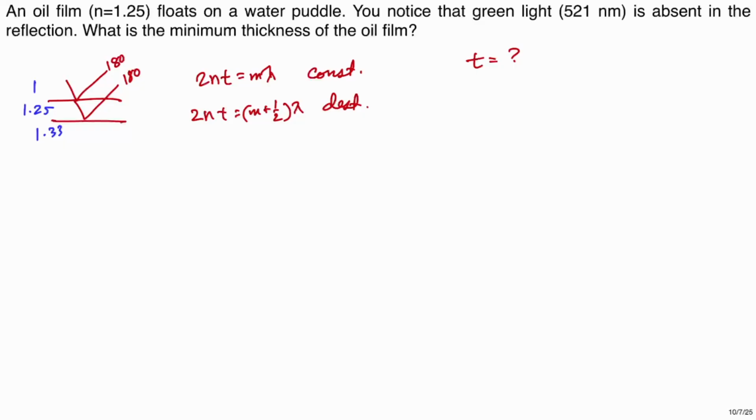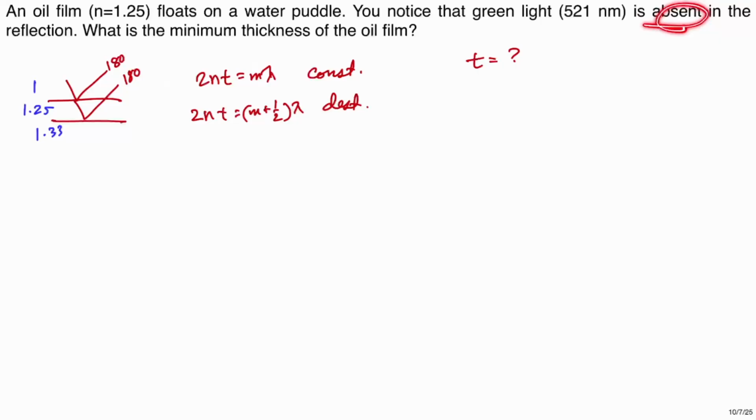But how do I know which of these equations to use? I've got two. I suppose I've got a 50-50 chance of getting it right, but I would like to be 100% sure. It says absent, right? A certain wavelength is gone, is absent, is destroyed, is dark, is missing.